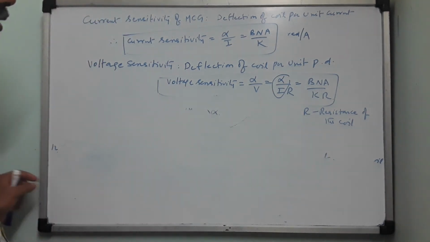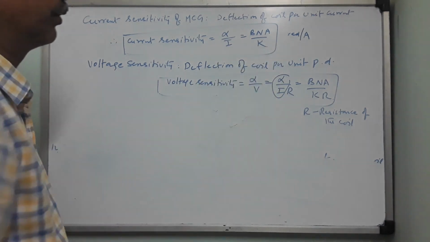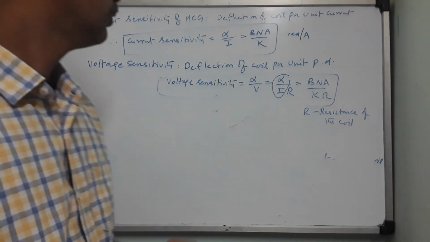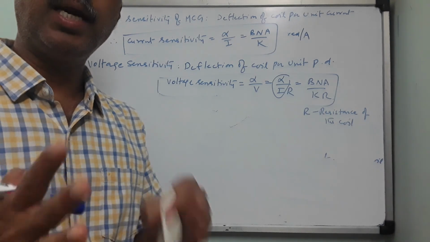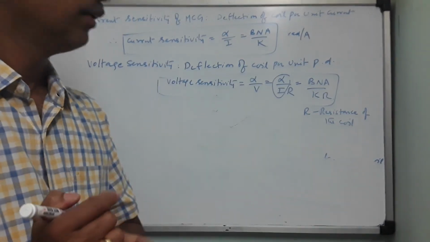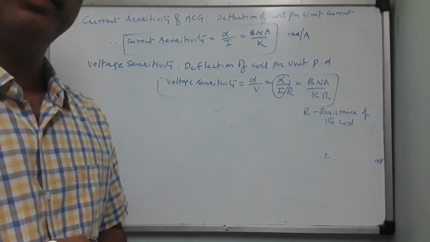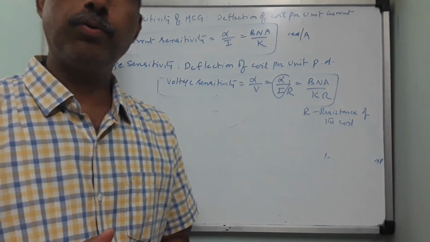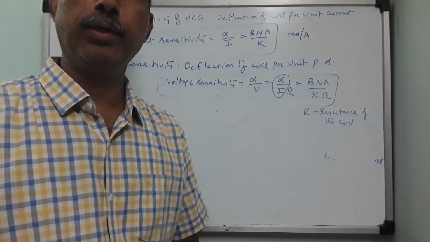Now, let us try to relate these two things. Suppose I have a certain current sensitivity, which is measured in radian per ampere, and I want to increase it.